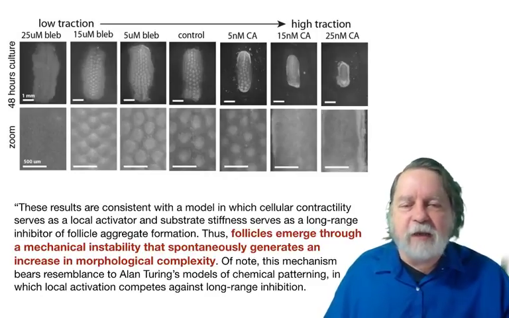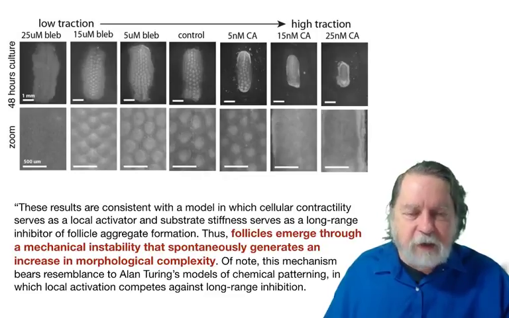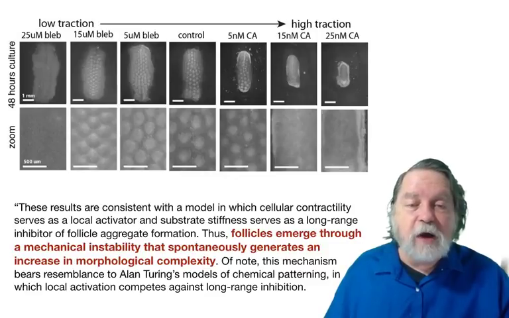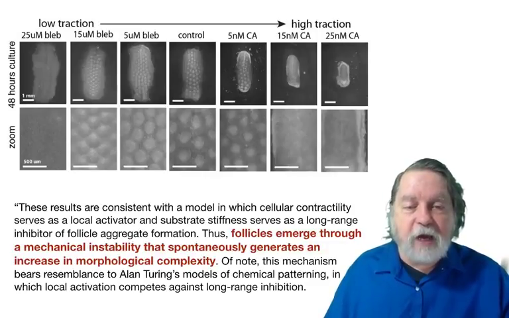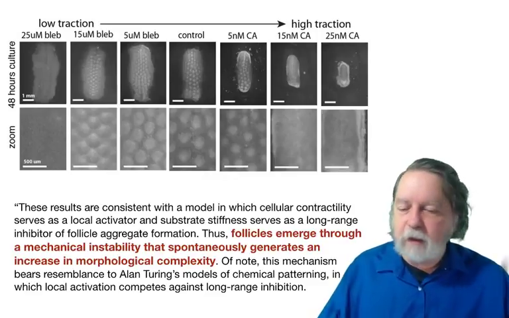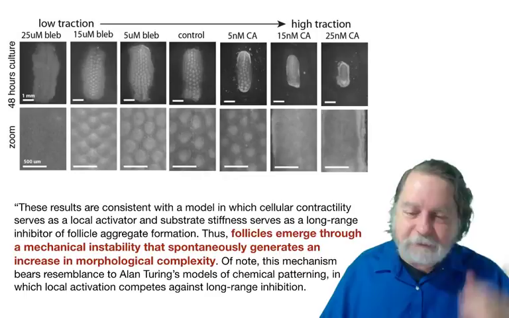And what this is saying is, yeah, this is kind of like a reaction diffusion model, although in Turing's case, he was postulating interacting molecules. In this case, we're saying it's interacting cells, and also that in this case, the long-range inhibitor is not a diffusible molecule, but it's the diffusion of the tension generated by these contracting cells on this substrate. So it's kind of neat to see. I'm always happy to see more confirmation of Alan Turing stuff.